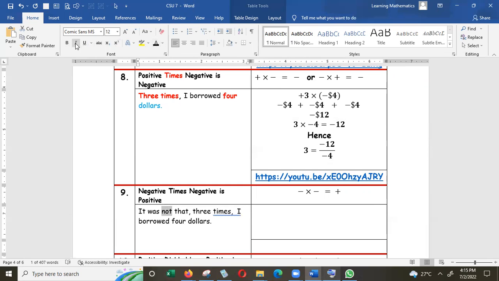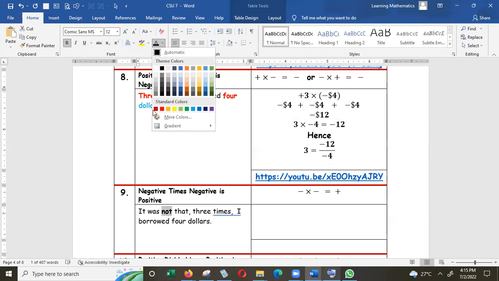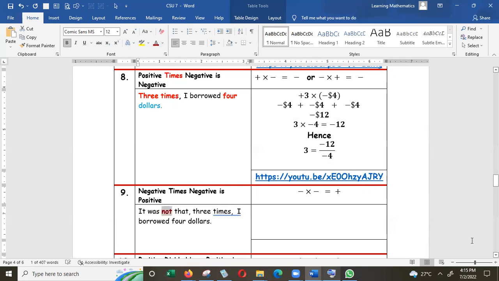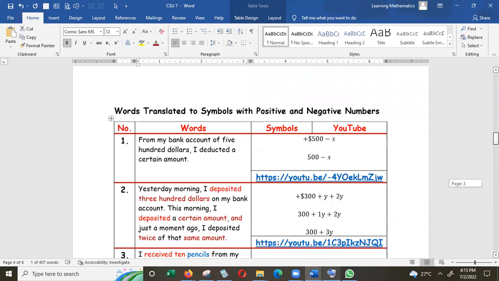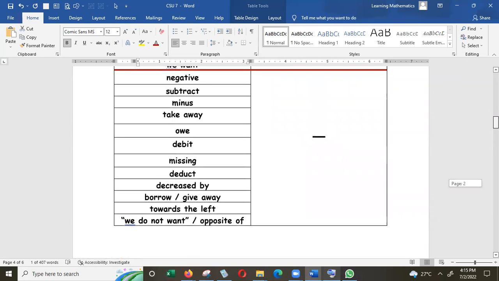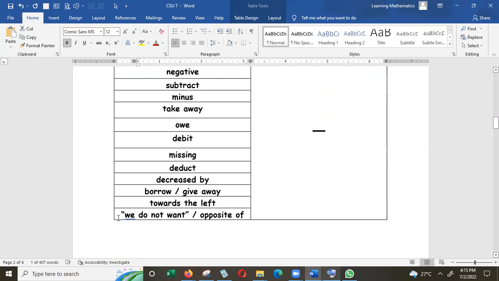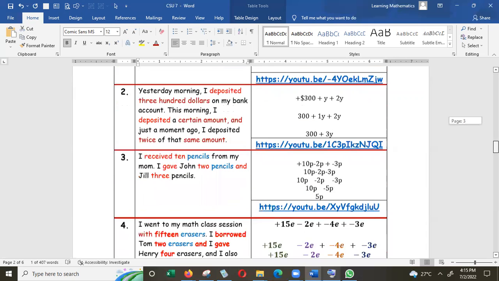Oppose, the opposing effect towards the left. Okay. All these are words that can be used to replace the negative sign. We did not, the opposite effect. Okay. And even borrowed also is a word that can be translated by using the negative sign.